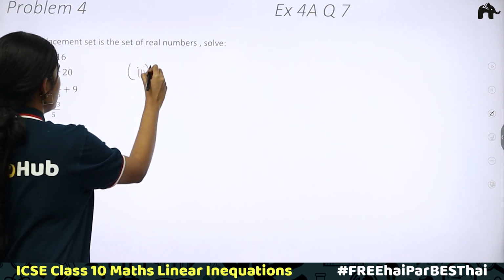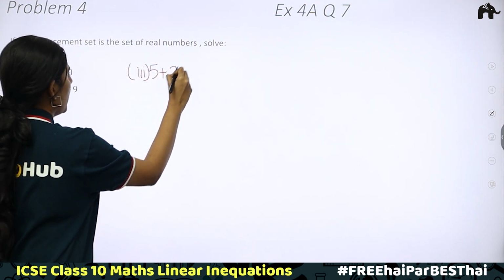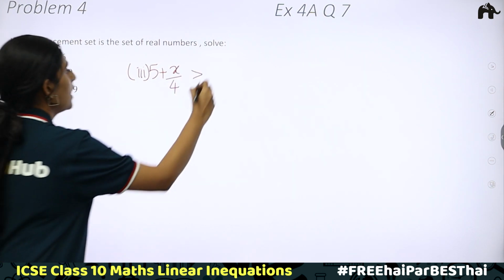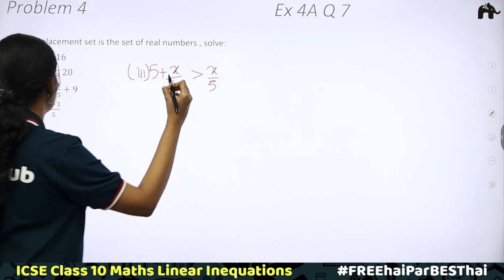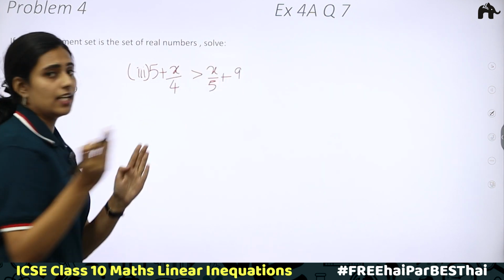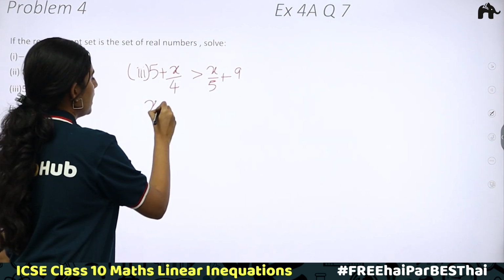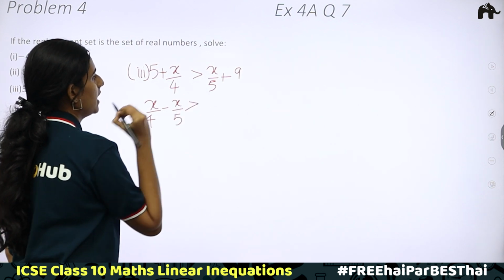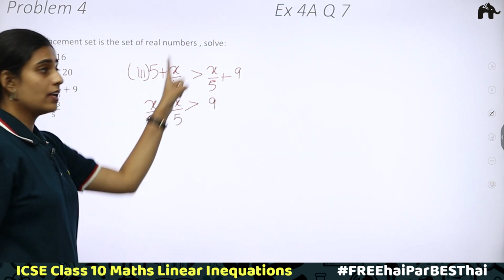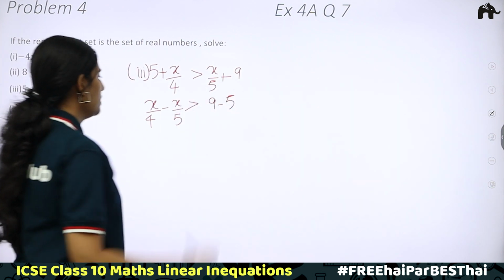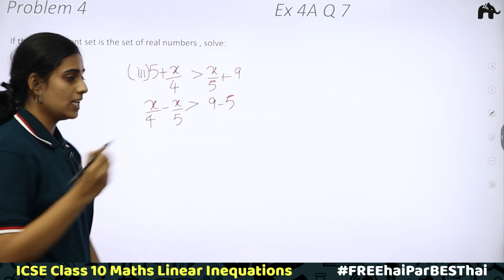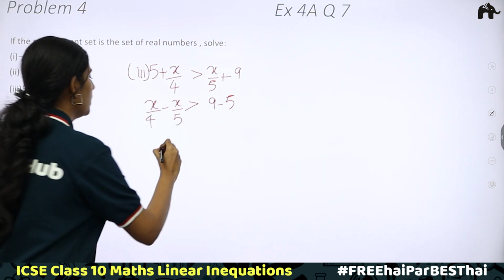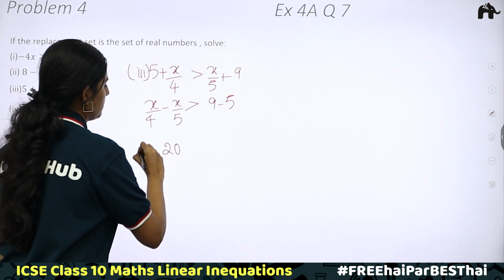Third question: 5 plus x by 4 greater than x by 5 plus 9. Taking x terms together, x by 4 minus x by 5 is greater than 9 minus 5. Taking the LCM of 4 and 5, the LCM is 4 into 5, which is 20.